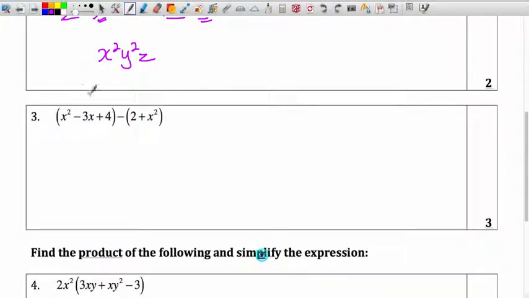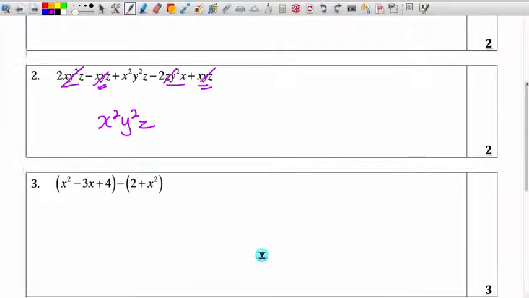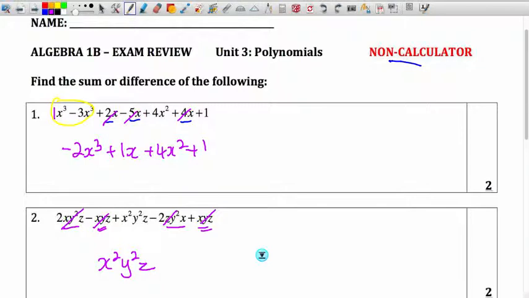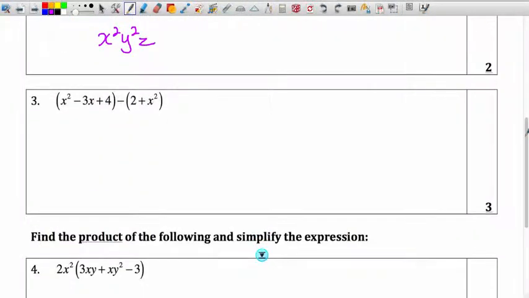Okay, next one. Look carefully at the instruction, this is a simplify question. Sum or difference of the following, and so do not distribute the terms in the first parenthesis by the terms in the second. The only thing being distributed is the minus sign. And so the first step of this is simply to drop the parentheses, and in so doing you'll notice we changed the signs of both of the terms in the second bracket because they had a minus outside.